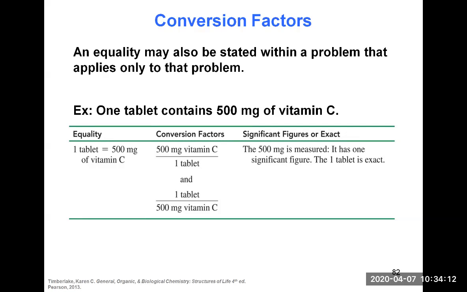And for example, in a text, you can see something like this: One tablet contains 500 milligrams of vitamin C. There is no equality written there, but you should read this as an equality, because it tells you that one tablet, a quantity, contains, you can change that into equals 500 milligrams of vitamin C. And there you go, you have an equality.